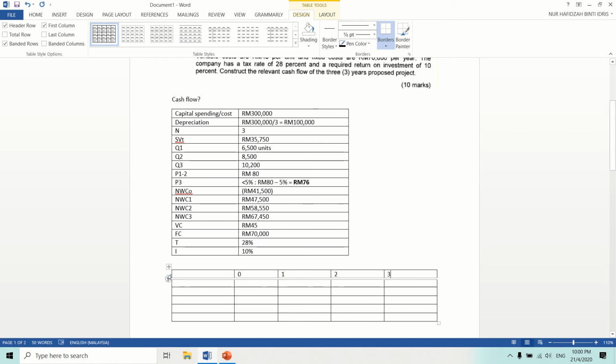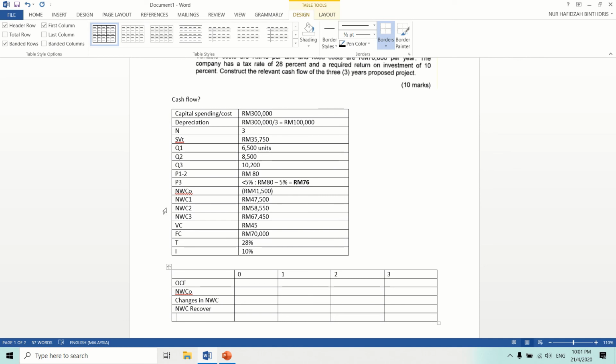So what are the items in determining cash flow? You should have operating cash flow, OCF. Then initial net working capital. Then changes in net working capital. Then net working capital recovery.